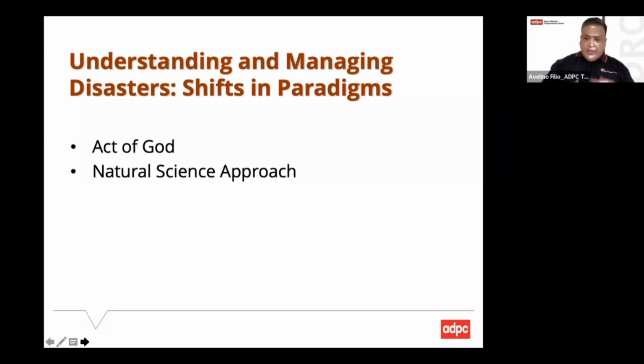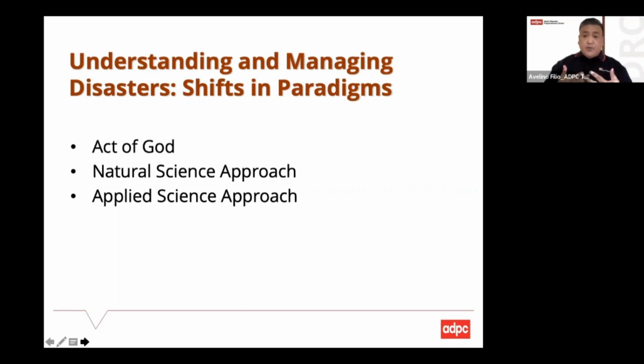Hence, with the development of science and technology, the applied science approach in relation to disaster management was used. One of the very interesting and practical applied science approaches is what we call the GIS, if you're familiar with it, the Geographical Information System. Imagine, the natural science approach says that we'll be expecting heavy rains in the coming days because of certain behavior in nature.